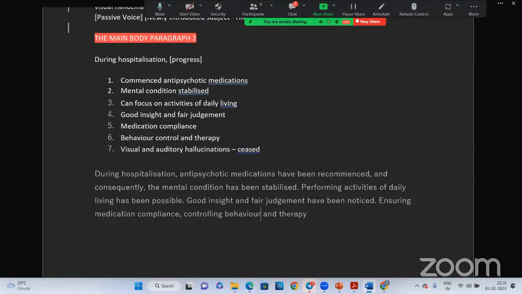Controlling behavioral patterns and providing therapy. Ensuring medication compliance, controlling behavioral patterns, and providing regular therapy.